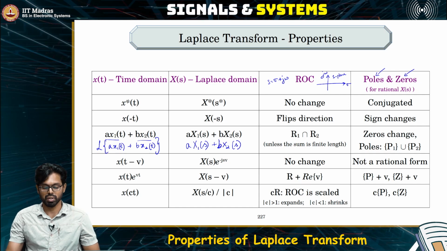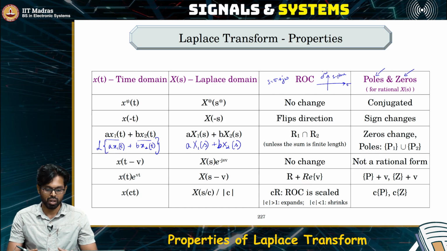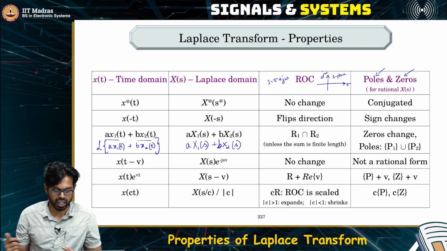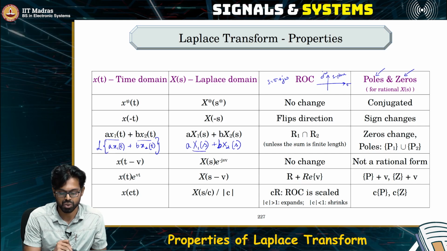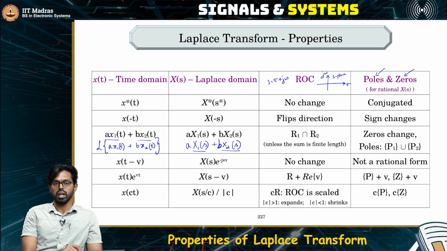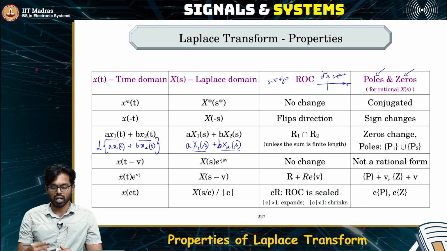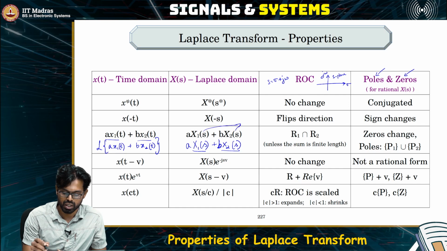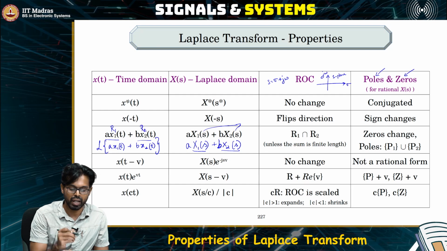Nothing changes in the Fourier transform, the spectrum simply gets added up, so there is nothing to worry about. But here the region of convergence is something that we have to worry about. Why is that? You have to note that the Laplace transform of x1 of t should exist, and the Laplace transform of x2 of t should also exist. To ensure that both of these Laplace transforms exist, you must pick values of s which are present in the ROC of x1 and the ROC of x2.